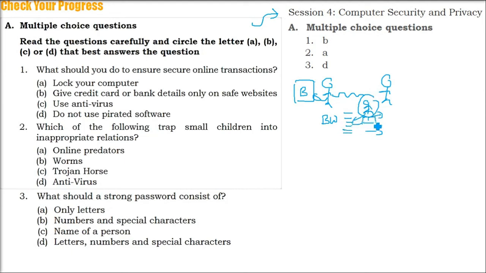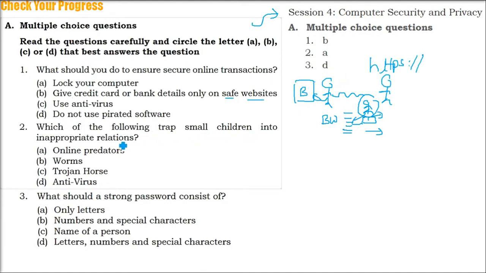They even clone your mobile to get the OTP. So give credit card or bank details only on safe websites. Always on a safe website, HTTPS, along with a lock sign. You know that this website is secure. So give information only when you are very sure.